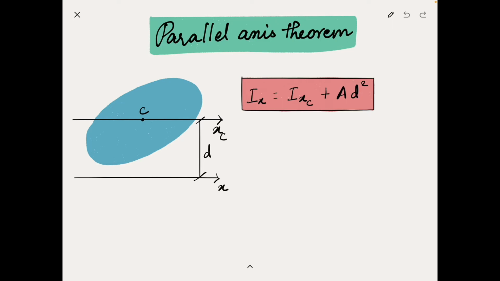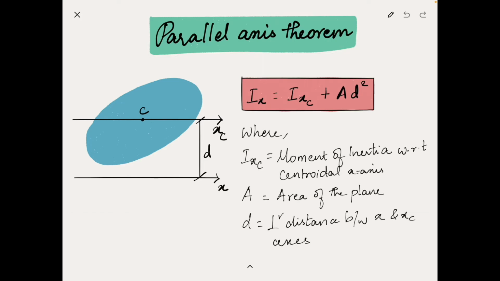So given the distance between the reference axis and the centroidal axis, the moment of inertia with respect to the centroidal axis and the area of cross section, we can calculate the moment of inertia with respect to any given axis using this theorem.